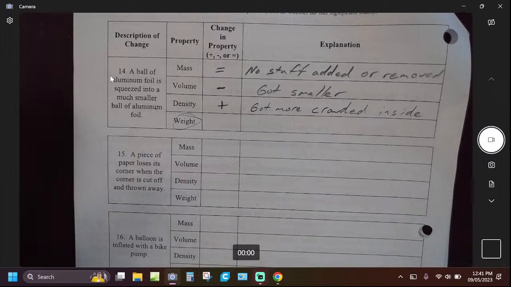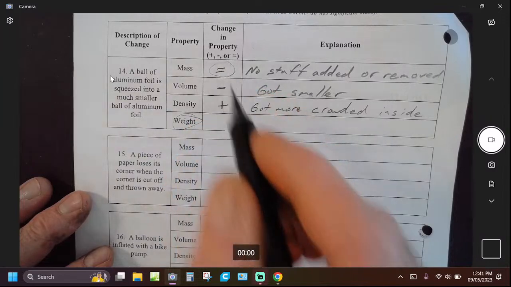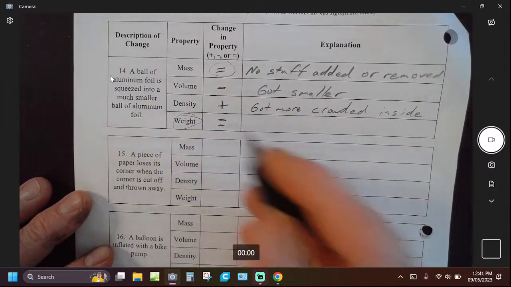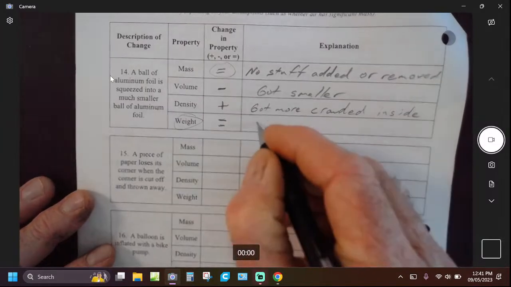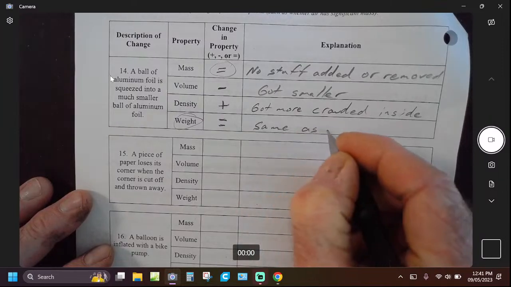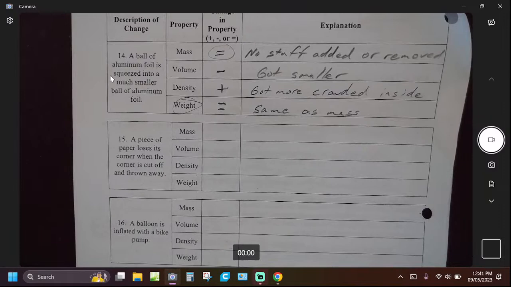Change the size, change how compressed it is, or add stuff to it? Add stuff. So whatever happens to mass generally happens to weight too. So if that's equal, I'm just going to write for my explanation, same as mass. And I can write that every time, except you'll see, in a little while, I'm not going to write it.